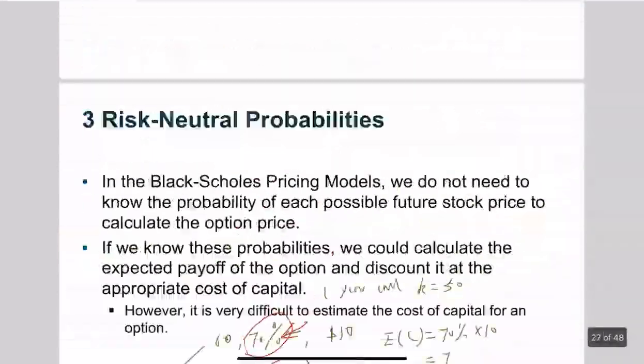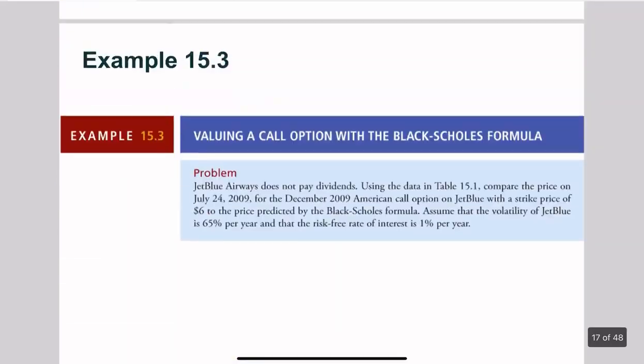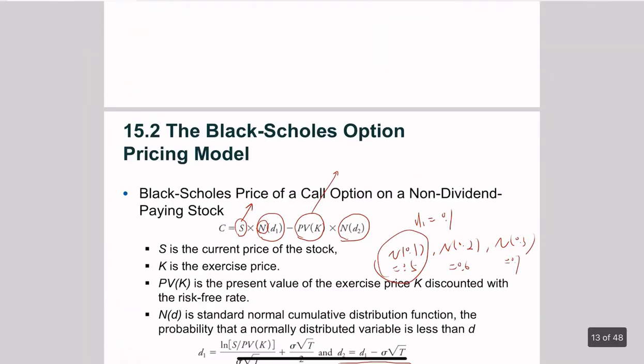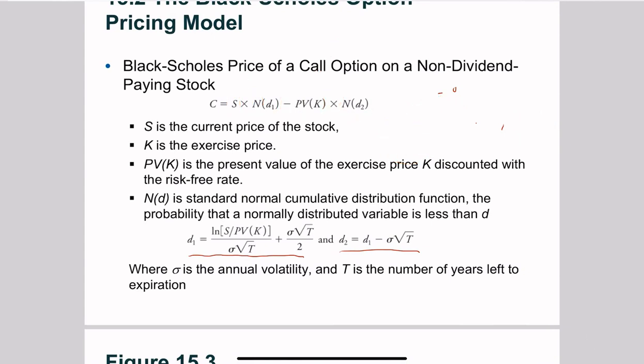I think I actually forgot to mention this important result. In this formula, a very famous result is that if volatility increases, then the value of the call will be larger.